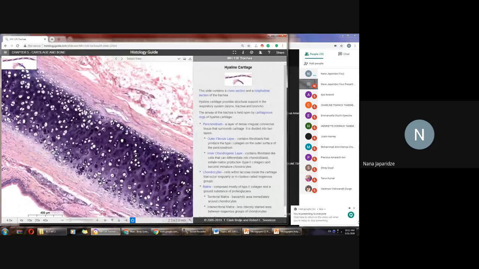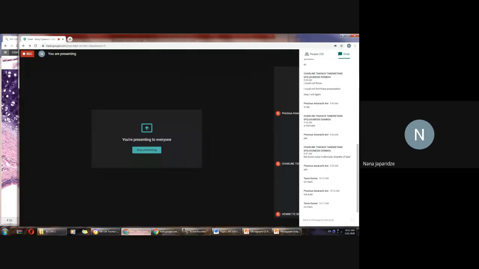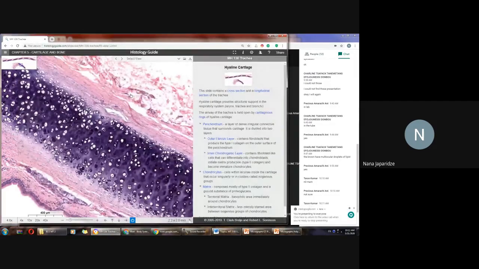It usually contains adipose tissue, and the collagen fibers are arranged chaotically. They are in different directions. This is loose areolar connective tissue, white adipose tissue, and usually loose areolar connective tissue is represented in the organs together with the white adipose tissue.